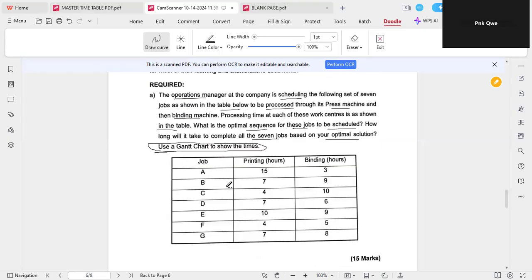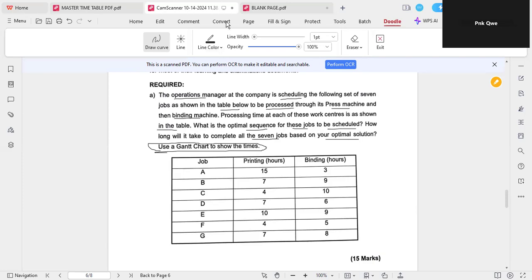All right, so we have the jobs A, B, C, D, E, F, and G. Then we have printing hours and binding hours. So 15, 7, 4, 7, 10, 4, and 7. Then 3, 9, 10, 6, 9, 5, and 8.